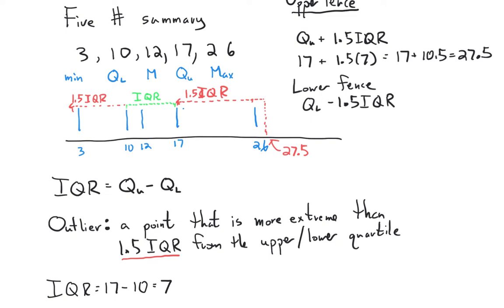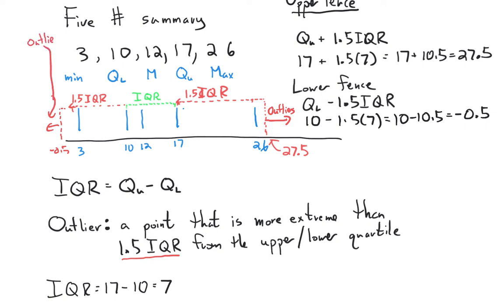Our lower quartile is 10, and 1.5 times 7 is 10.5, so 10 minus 10.5 is negative 0.5. So if we had a point past negative 0.5, anything out here is an outlier. They're too extreme for us to consider them as usual values.